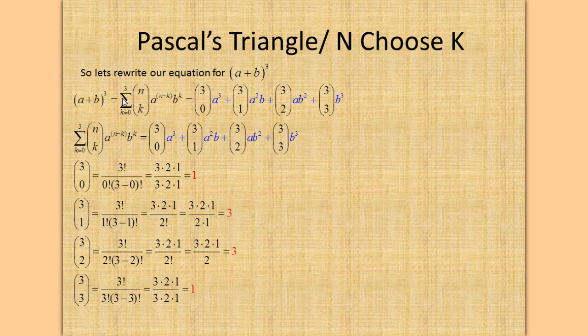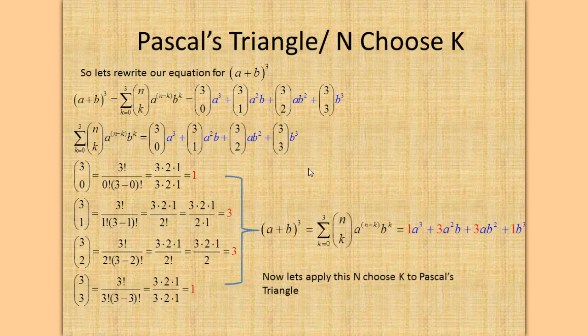So the summation sign says we have to add all of these up. If we add all of these up, 1, 3, 3, 1, what do we get? The coefficients for our cubic. We have our cubic equation here.